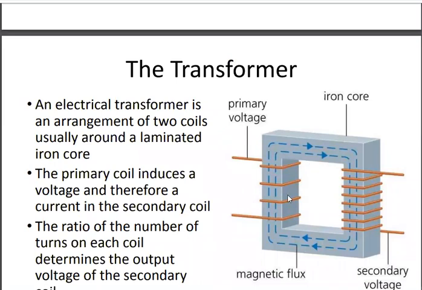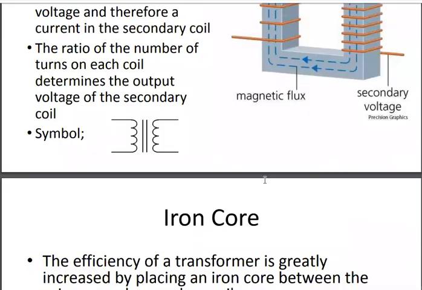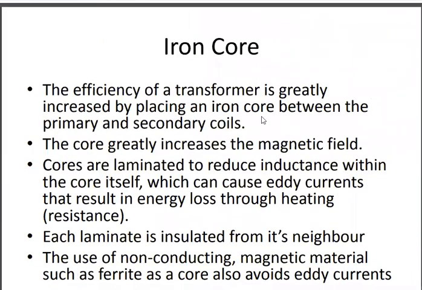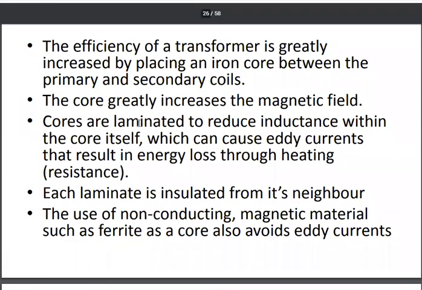So iron core is used to confine all the field lines produced in the core of this coil and transfer them to this coil. So that's why iron core is used to increase the magnetic field strength in the coil, and hence the efficiency is increased by placing an iron core between the primary and secondary coil.